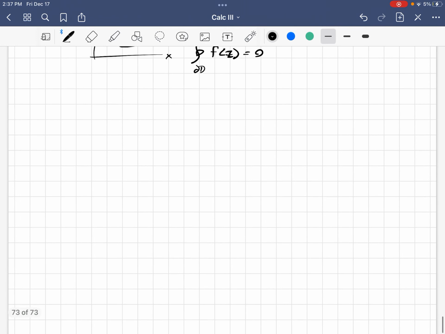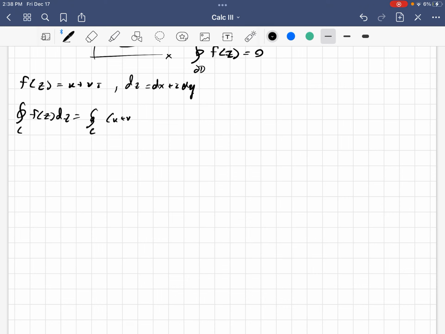So if f(z) is u plus vi, and dz is dx plus i dy, then the contour integral, and I draw this little circle around the integral to say that it's a closed contour integral, in other words, over a loop, of f(z) dz, is the contour integral of (u plus vi) times (dx plus i dy).